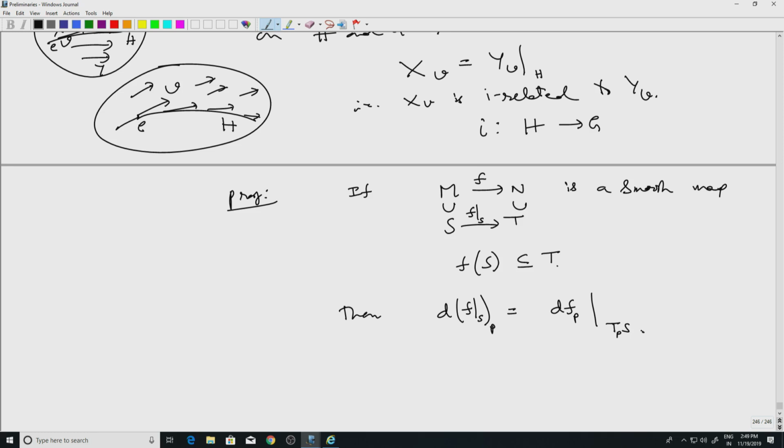And this is immediate. All one has to do to see this is either use a slice description of the submanifold, or a more invariant way of doing it is to realize it using curves.